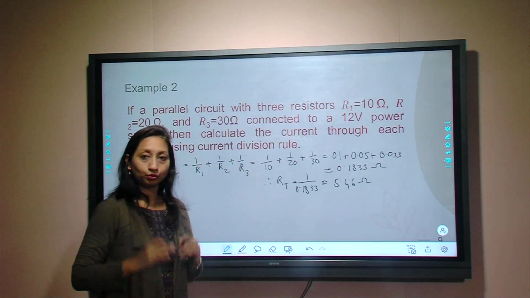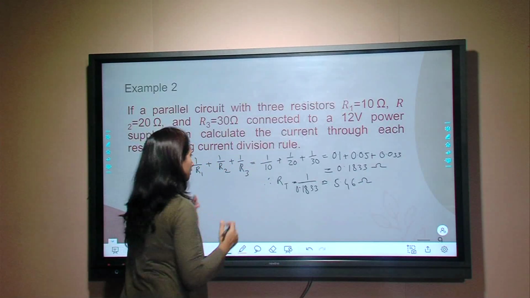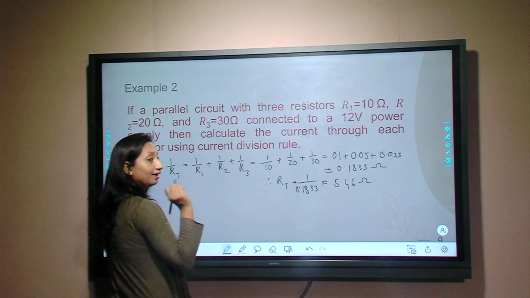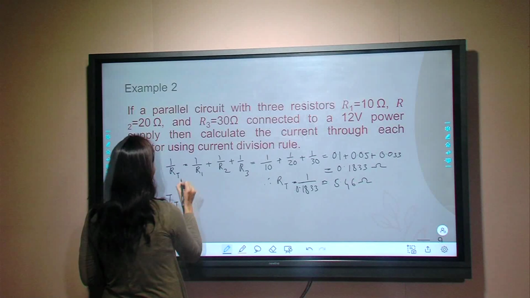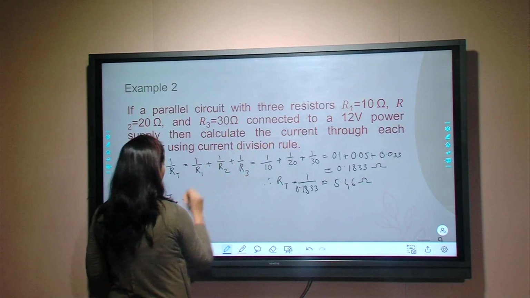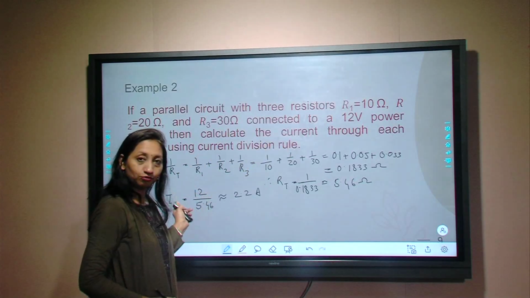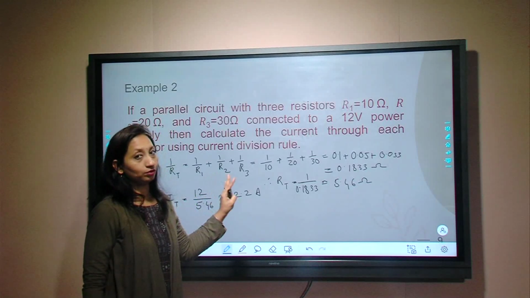So this is the total resistance of the circuit. Now let us calculate the total current. IT will be V by R, where V is 12 volt. We have calculated the total current and the total resistance.